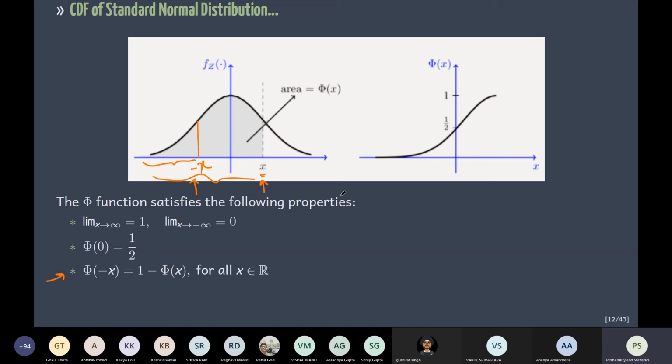Do you see symmetrically what this means? In other words, my question is, what is this area? Can you tell me in the chat, what is this area? Phi of what?